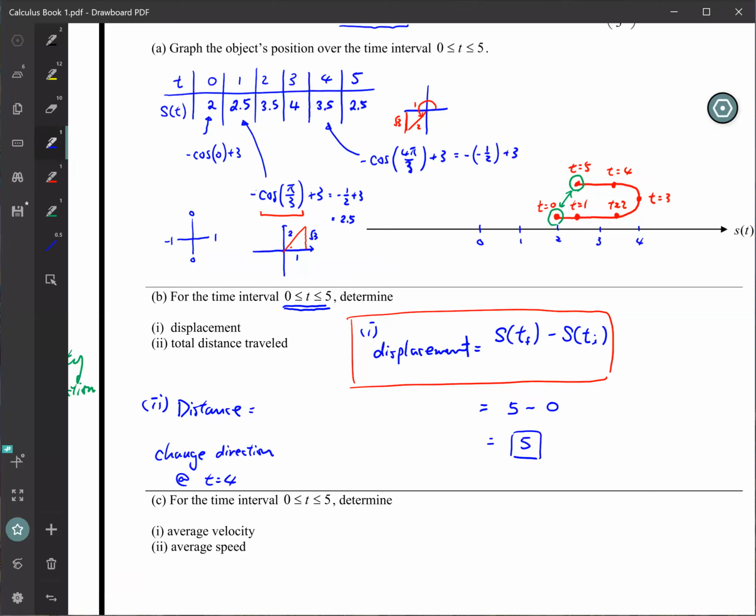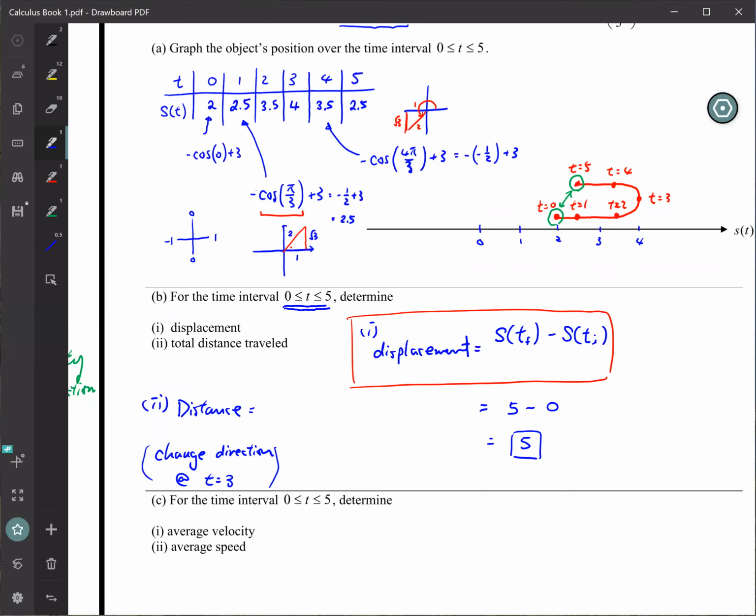So that means you need to first find the distance from t equals 0. Sorry, not t equals 4. t equals 3. Right? 4 is the position, right? So you need to find the distance traveled in the first 3 seconds, and then the distance traveled in the last 2 seconds.